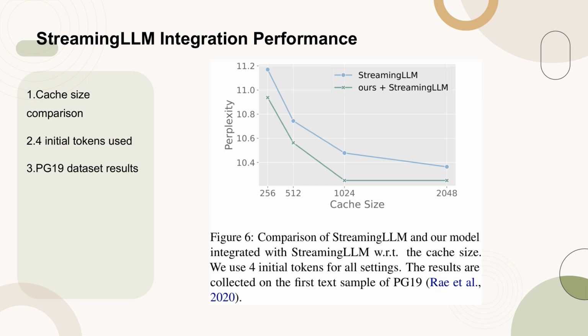Figure 6 compares the performance of Streaming LLM and our model integrated with Streaming LLM in terms of cache size. The evaluation uses 4 initial tokens across all settings and is based on the first text sample from the PG19 dataset. This comparison highlights the effectiveness of integrating our model with Streaming LLM for various cache sizes.